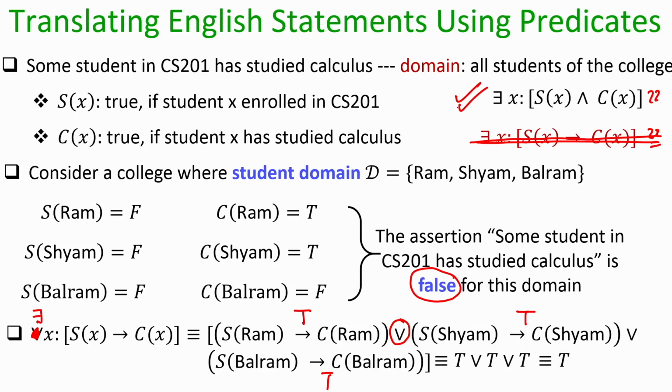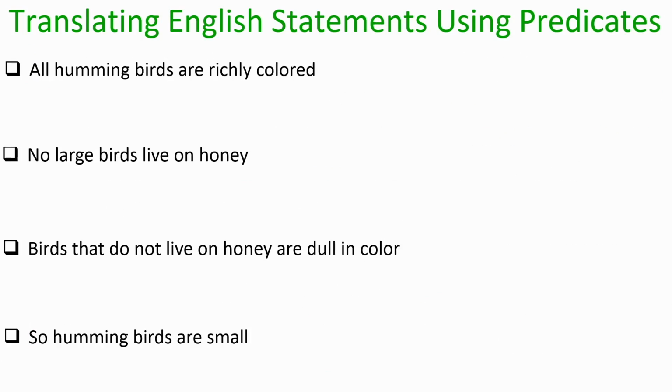So, these two examples are very important. They tell you the significance of where to use implication and where to use conjunction. Whenever you have assertions of the form some, definitely, and some properties are involved, then you have conjunction involved, whereas in the previous example it is a universally quantified statement where an implicit if-then was present.